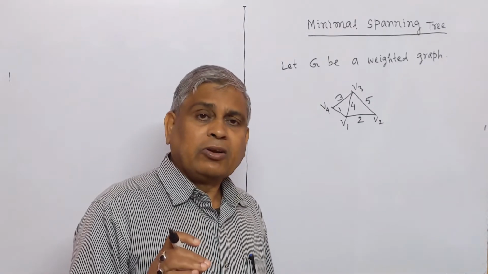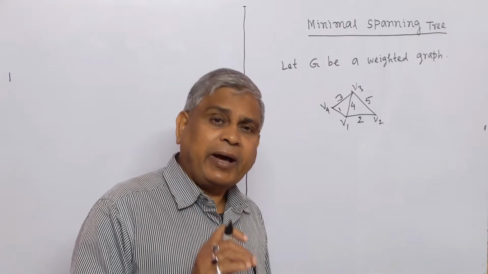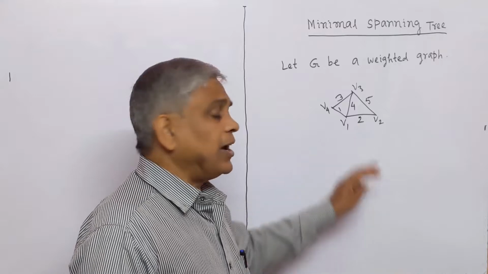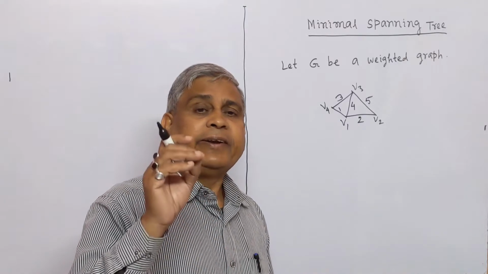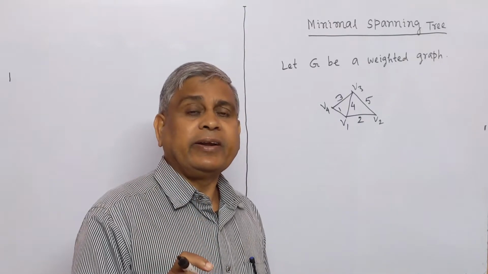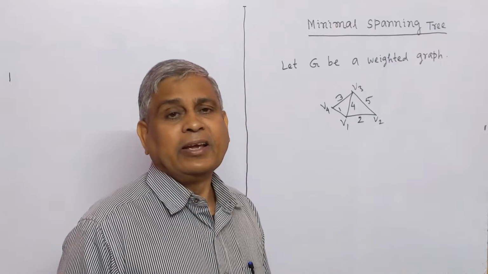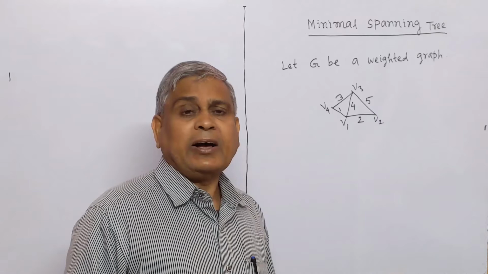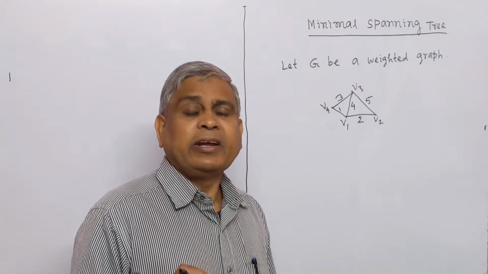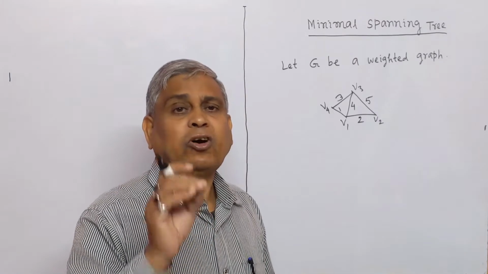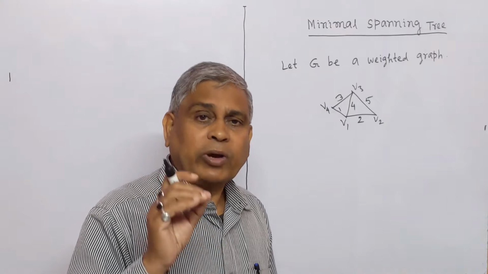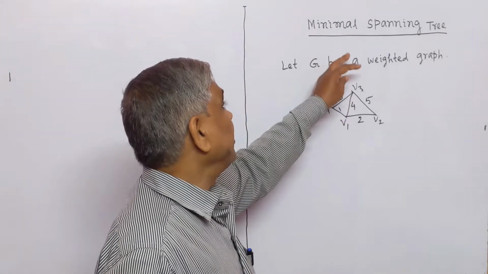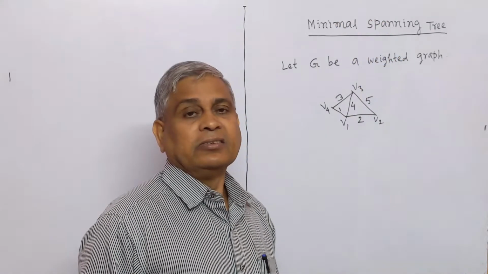If we get different spanning trees from this graph, we get different weighted spanning trees, and the minimum of the weighted spanning trees is called minimal weighted spanning tree. That is minimal spanning tree.